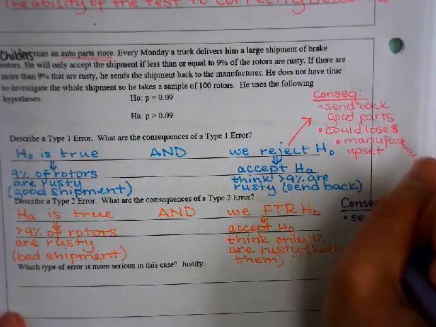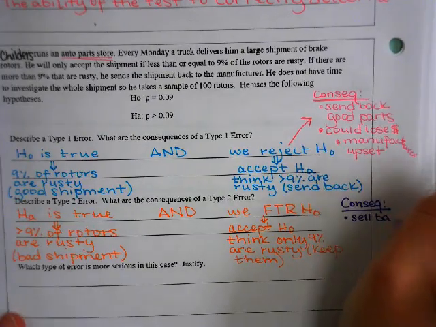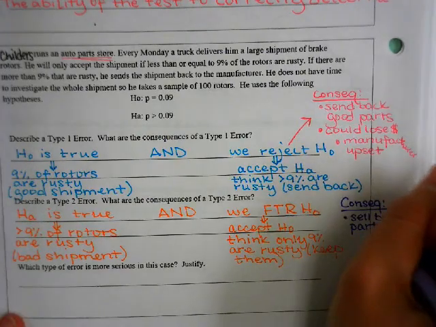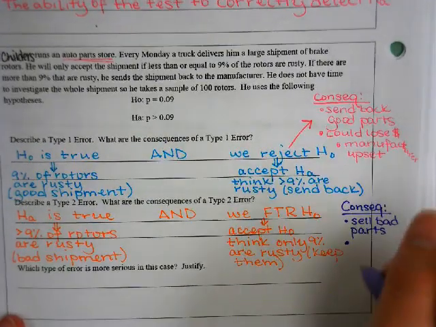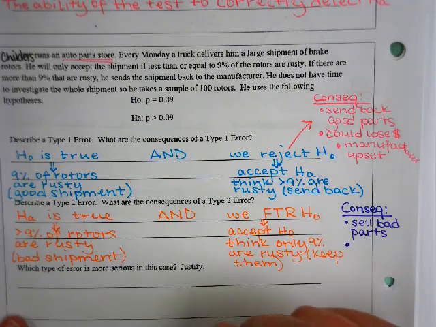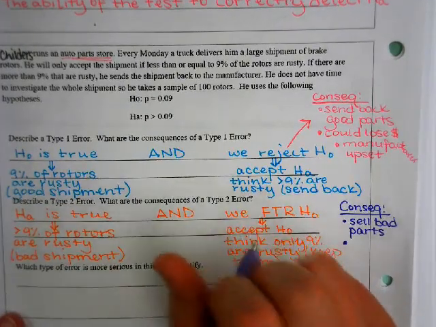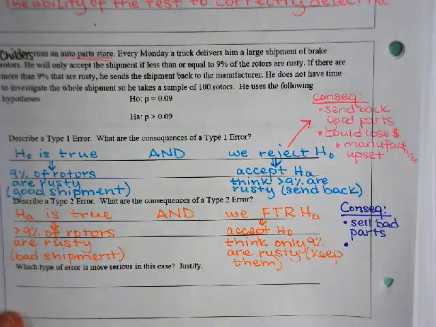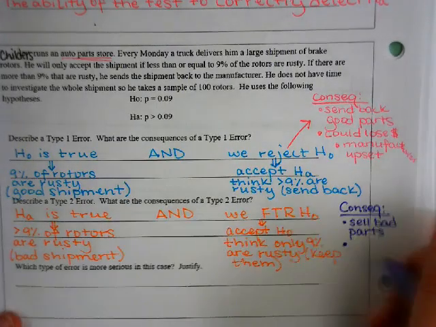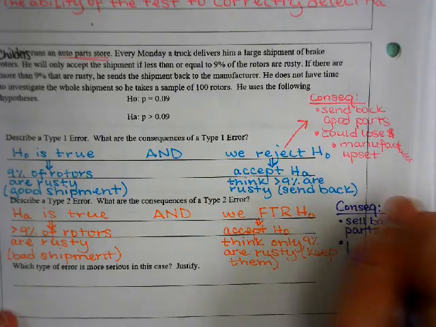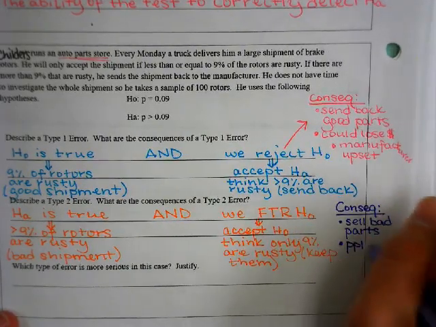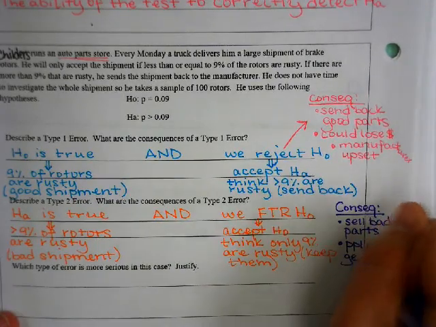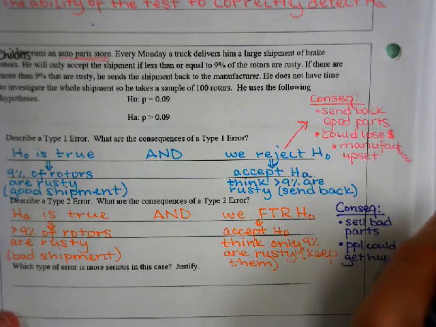Is he basically losing money because he has to do another shipment? Yeah, he's got to, I would assume, get refunds, right? When people realize they're bad parts. Sell bad parts, people could get hurt. Could lose money. Any other thoughts?